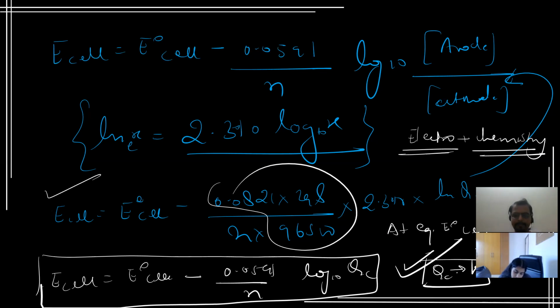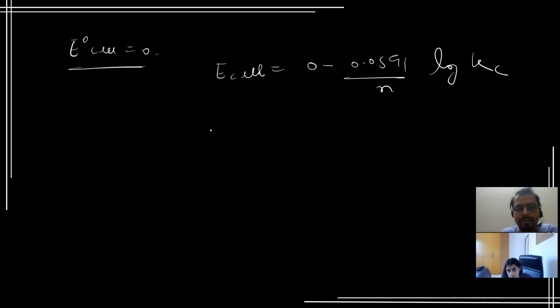You just put E cell as 0, and then you get 0 equals E naught cell minus 0.0591 upon n log Kc. That is how you can get the formula of Kc.